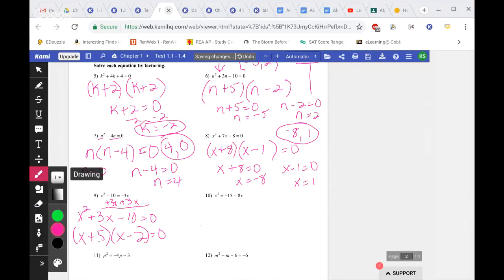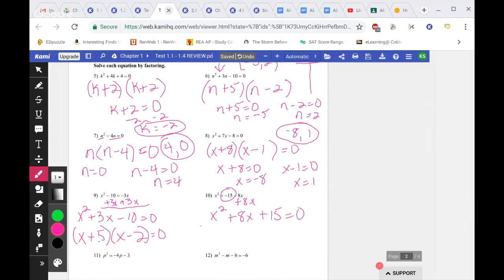Okay, so this next one, it's not in standard form either. So you want to first get it in standard form. You're going to add that 8x to both sides, and you're also going to add that 15 to both sides. So now everything's on the left side of the equation and it's all set equal to 0.